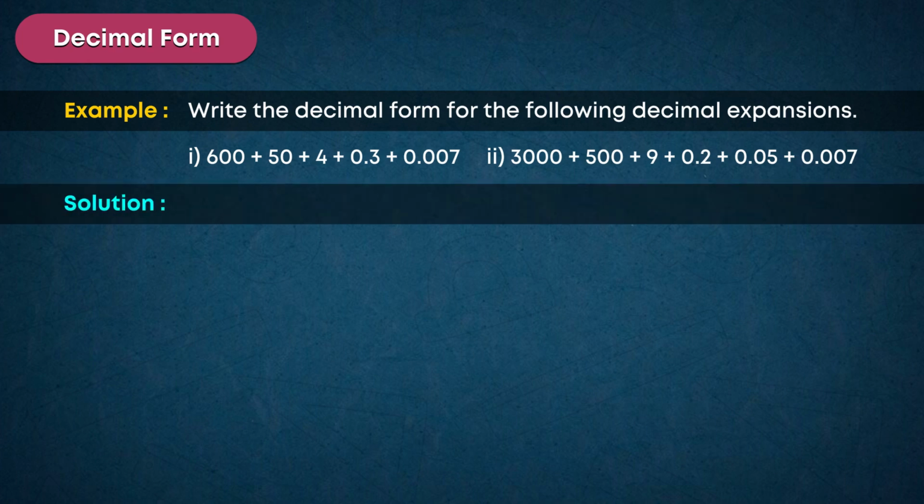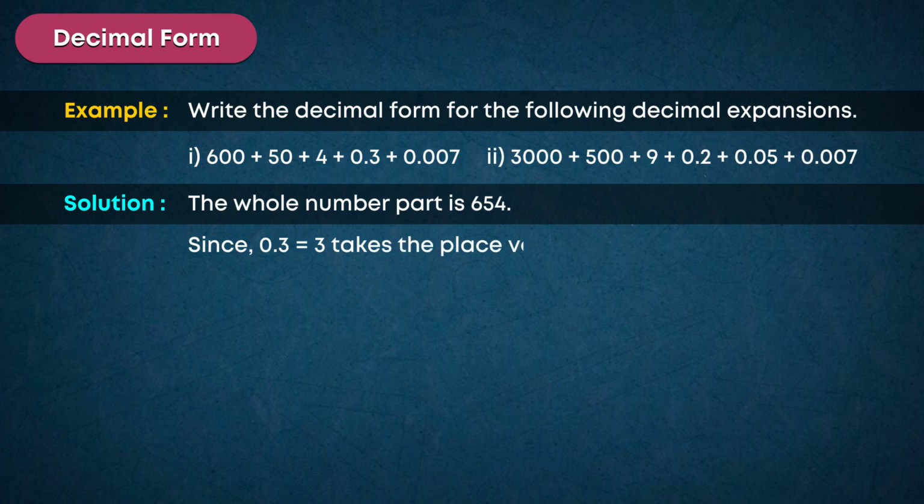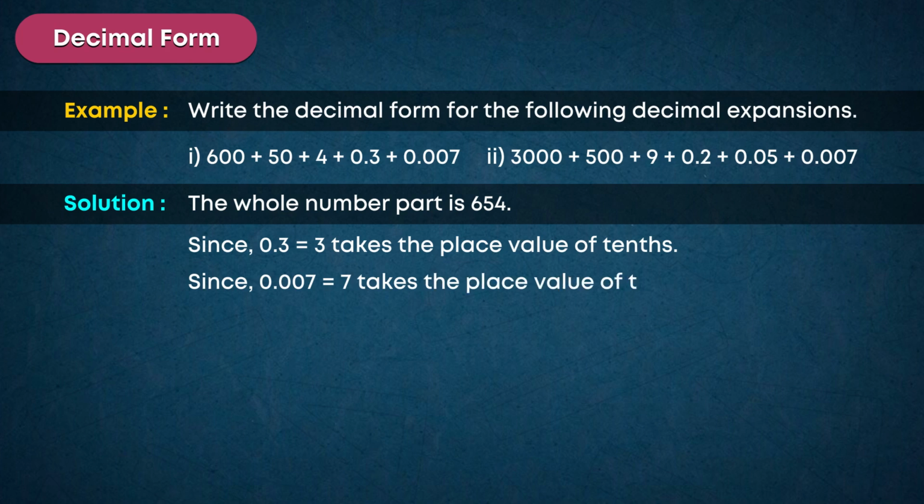Solution. The whole number part is 654. Since 0.3 is equal to 3 tenths, 3 takes the place value of tenths. Since 0.007 is equal to 7 thousandths, 7 takes the place value of thousandths.